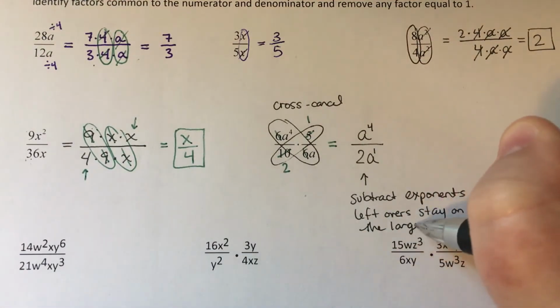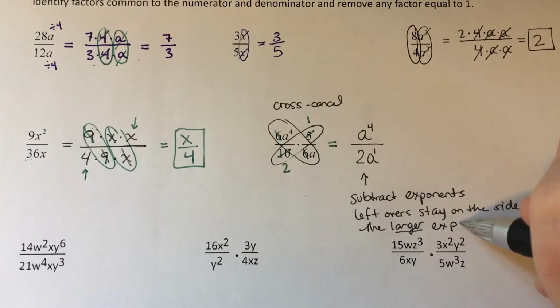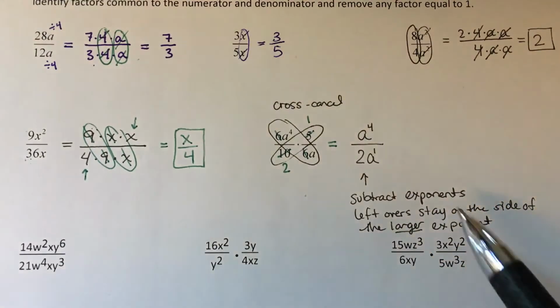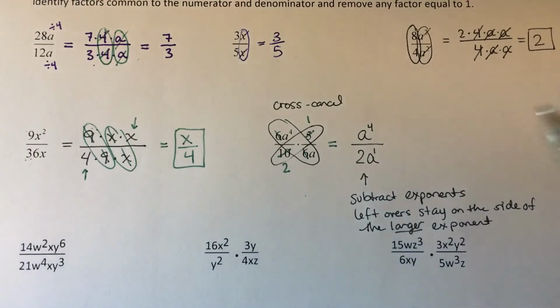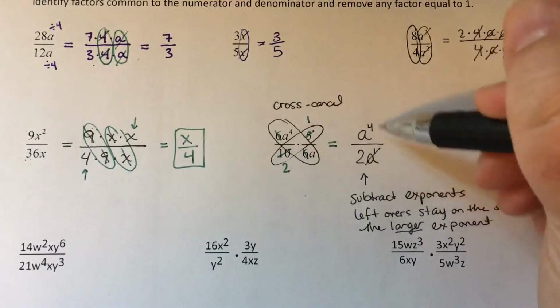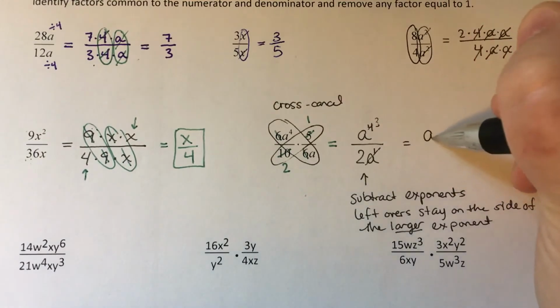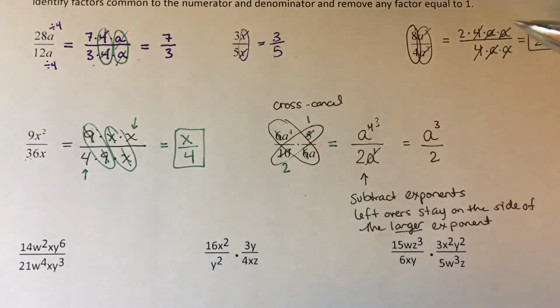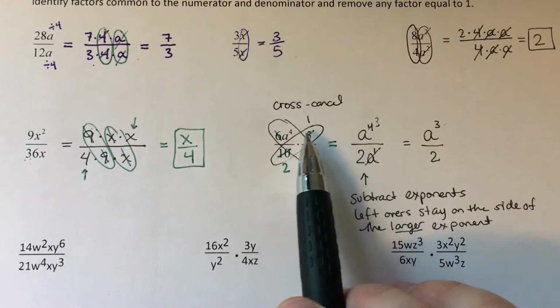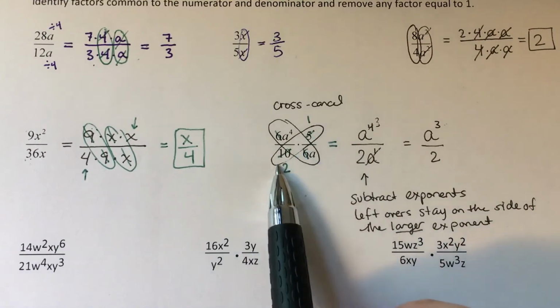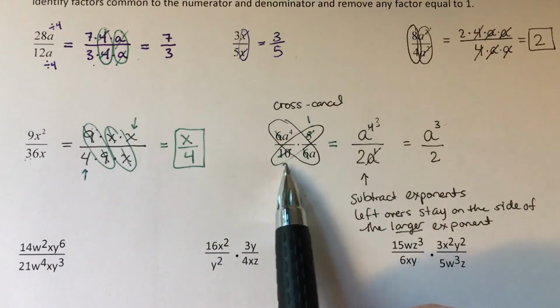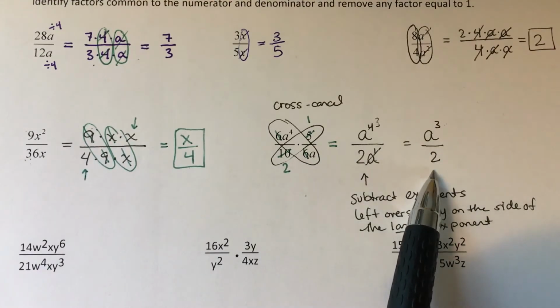All right, so when we cancel one of these a's, the leftovers stay up here with the 4. So it ends up being a cubed over 2. Because 4 minus 1 is 3 a's that are left on the top. And the over 2 stays there because 5 over 10 is 1/2, so it's 2 on the bottom. Again, because the larger number is on the bottom, so the 2 stays with that.